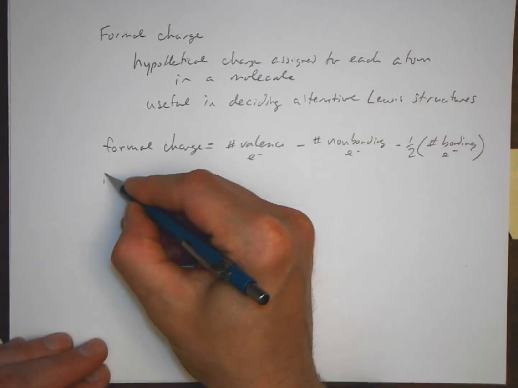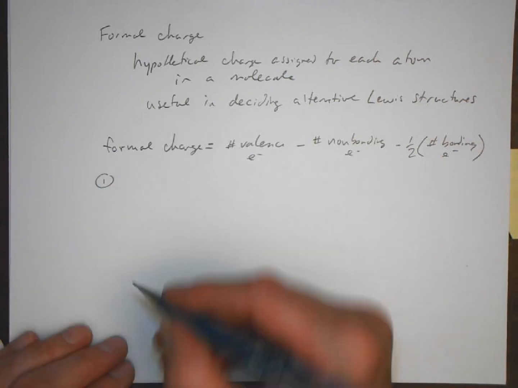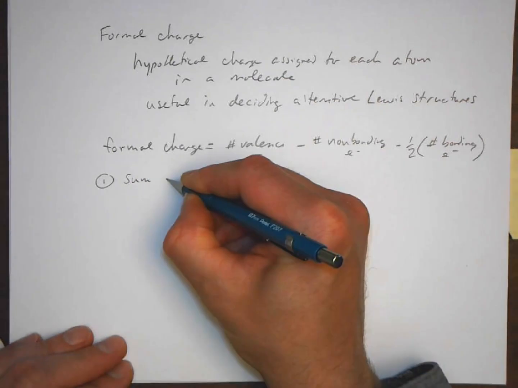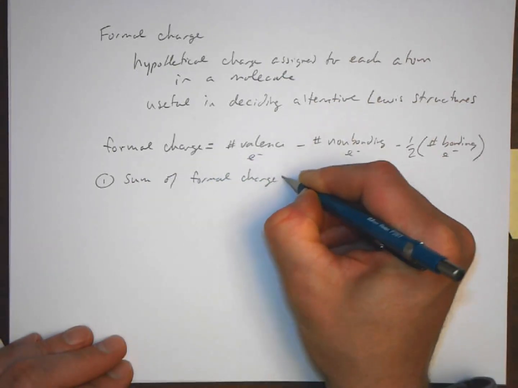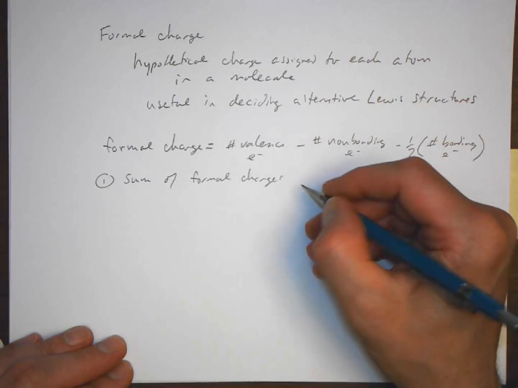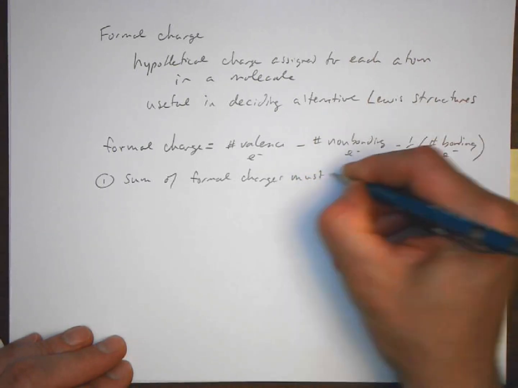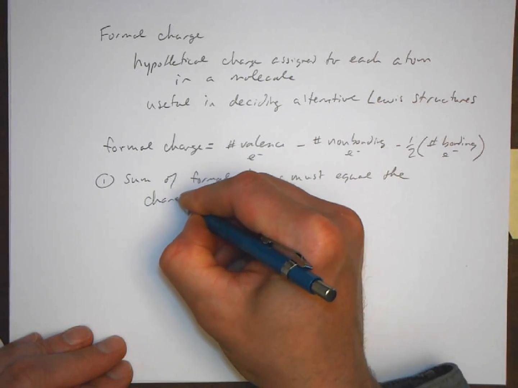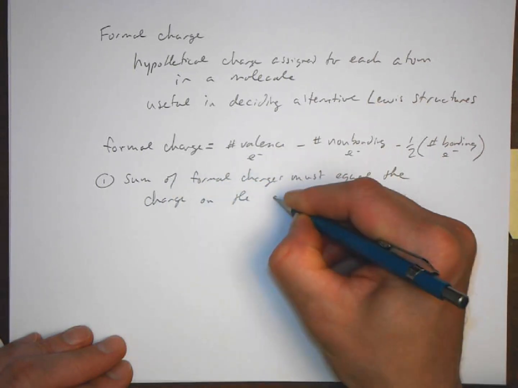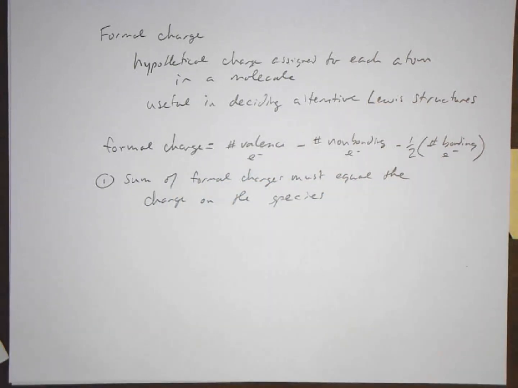There are a few things that you need to know about formal charge. The sum of formal charges must equal the charge on the species. So if you have a neutral molecule, the sum of all the formal charges of the atoms in that molecule must be 0. If you have an ion, it'll be the charge on the ion.